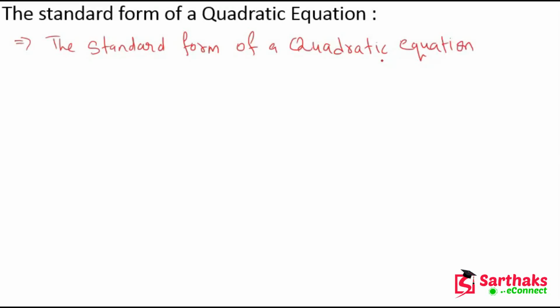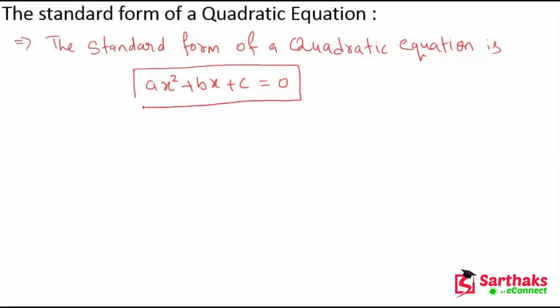The standard form is ax square plus bx plus c equals 0, where a, b and c are real numbers.